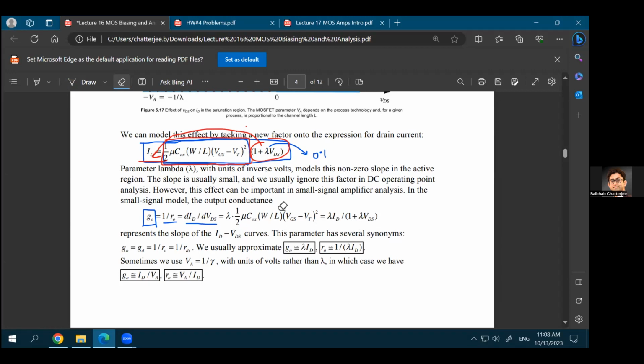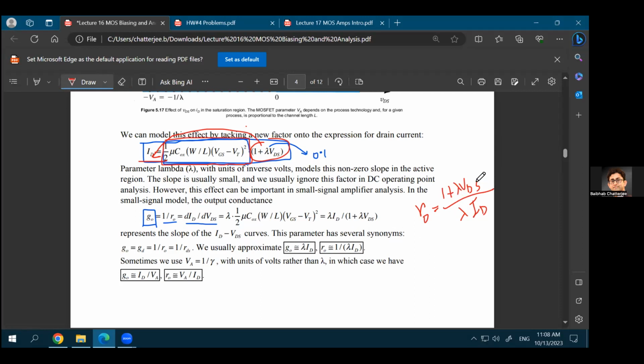Okay, so that's your 1 upon RO, which means RO will be equal to 1 over this entire term. So RO would be equal to 1 plus lambda VDS divided by lambda ID. Now this is the exact form of the RO or the output resistance.